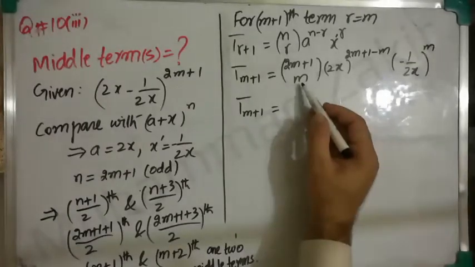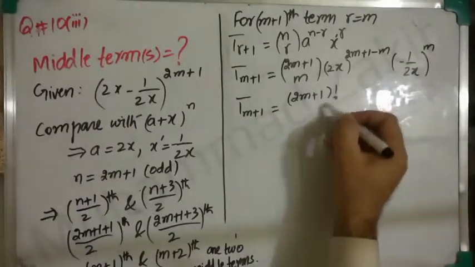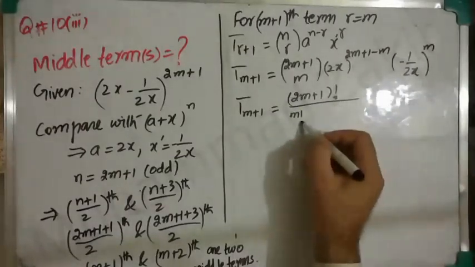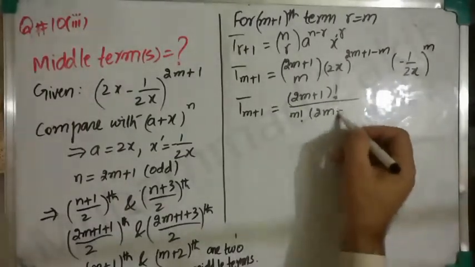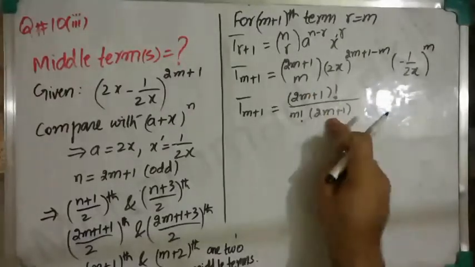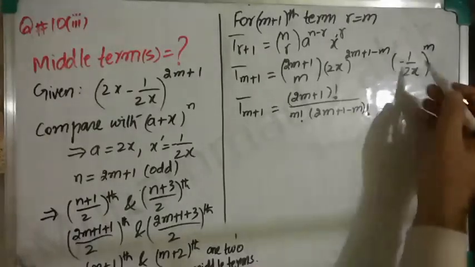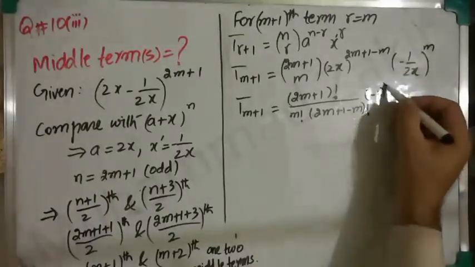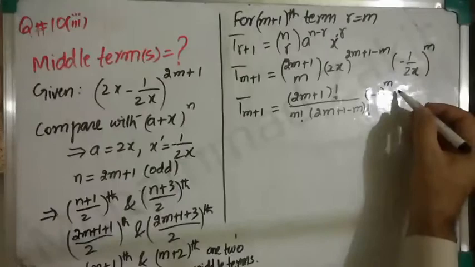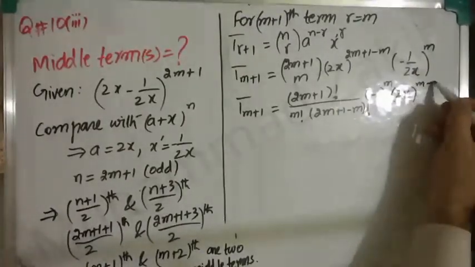Here we apply the nCr formula, which is n factorial over r factorial, n minus r factorial. This is the formula. We can see minus 1 power m here. This 2x can be written with combined power. This 2m minus m is m plus 1.